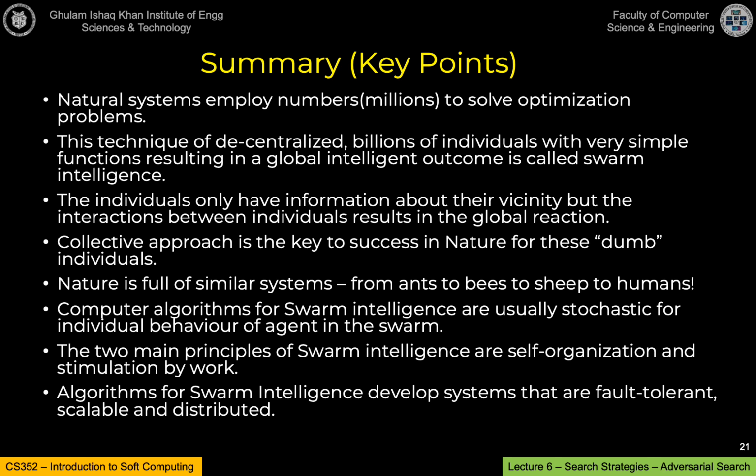You just have the local information of your neighborhood, and based on that you decide your movements. Because of those moves, the change in everyone else's neighborhood is observed, and they react accordingly to maintain the stigmergy, or the common reaction to a particular event.